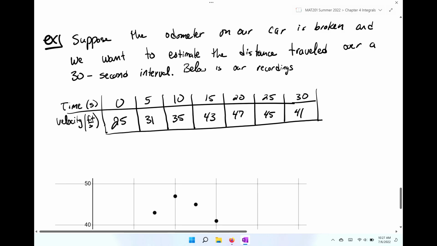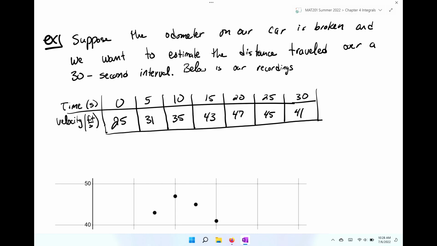Now you got to be careful, because if this velocity is in miles per hour, if that's how we give it to you, make sure you read the question because you may have to convert to feet per second. So just be aware of that. Below our recording, at time equals 0, our velocity is 25 feet per second. At time equals 5 seconds, our velocity is 31 feet per second, and so forth.